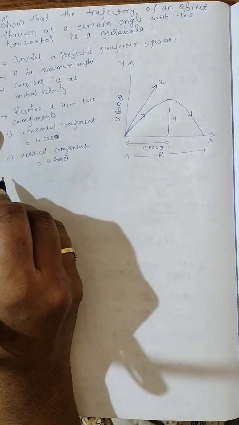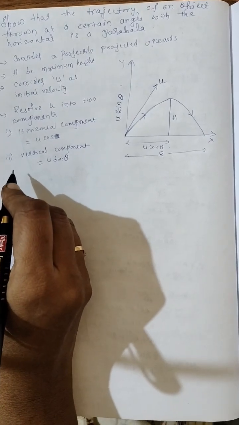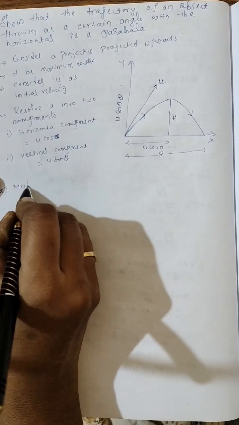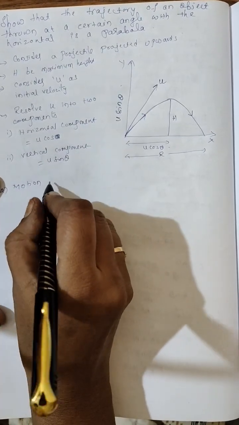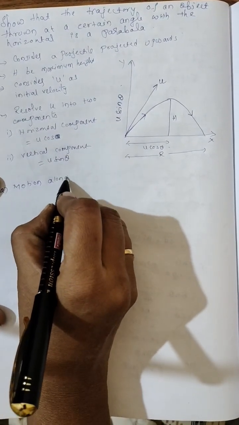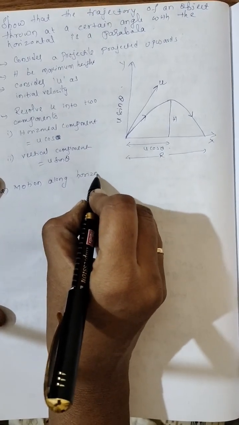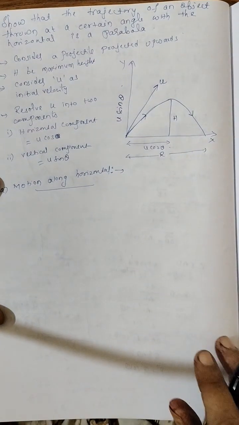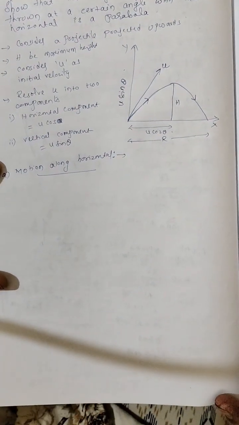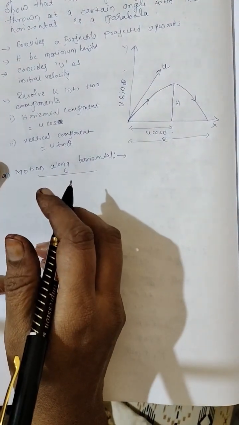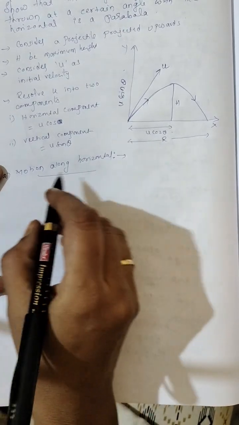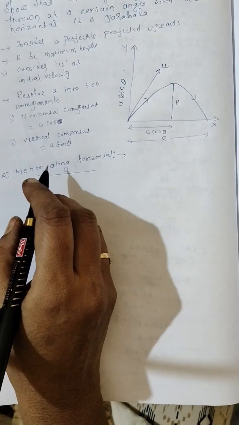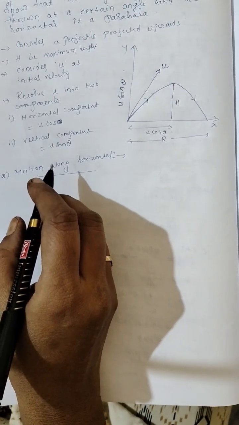Now first let us find the motion along horizontal. Very easy topic but most important. Horizontal motion. If you want, you can keep a side heading like that also. So what is the horizontal component? Ux is equal to u cos theta.